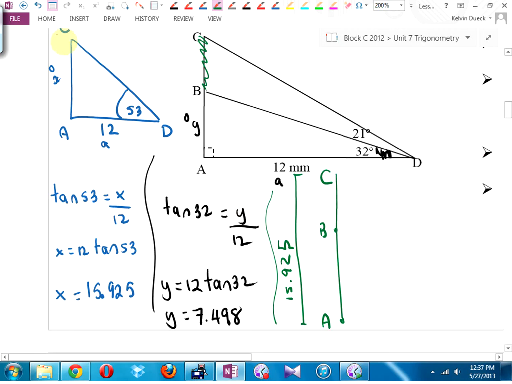Oh boy, I was doing great until that one. How far from B to A? 7.498. You guys can just turn your paper sideways. I kind of have to.